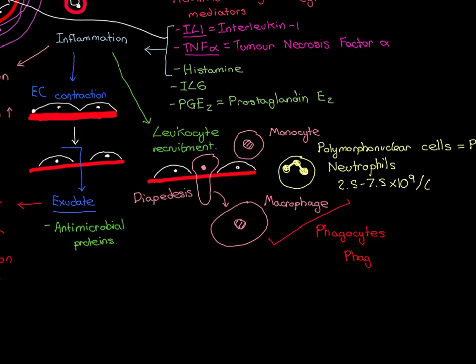Now, the process of phagocytosis is where you engulf a pathogen or some other very big particle. You engulf it into an internal membrane-bound compartment. And indeed, phagocytosis is actually a form of endocytosis.